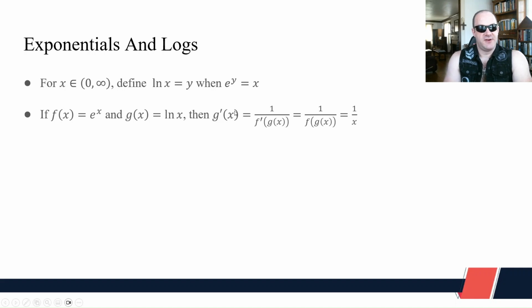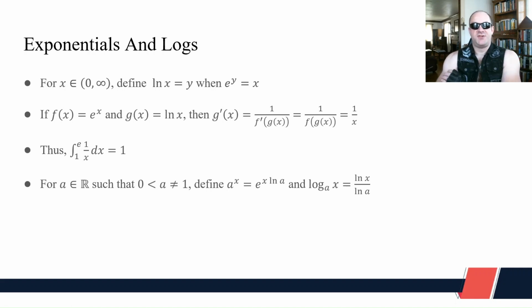And so what we see here is that the derivative of natural log of x is in fact 1 over x, using that property. And because of that, because the derivative of natural log of x is 1 over x, that is precisely what allows us to write this integral here, that the integral from 1 to e of 1 over x is equal to 1. Why? Because when you evaluate natural log of x at 1, you get 0, and when you evaluate natural log of x at e, you get 1.